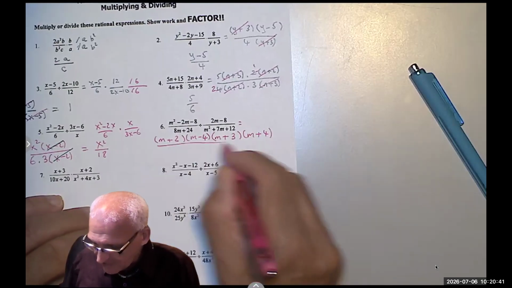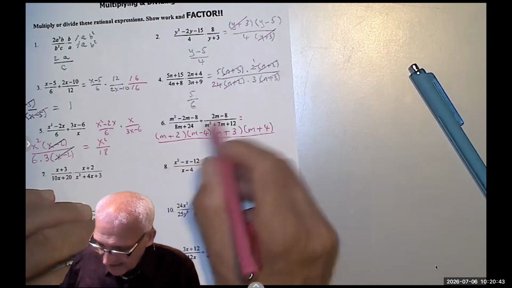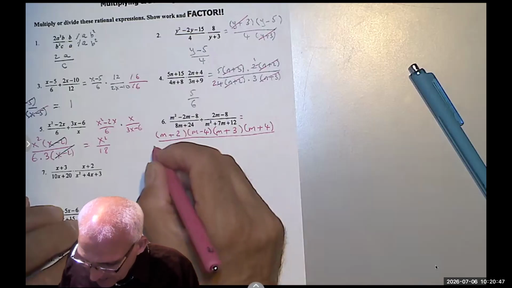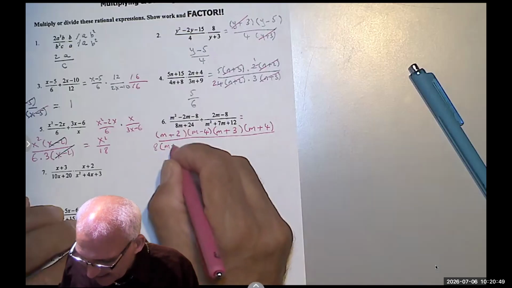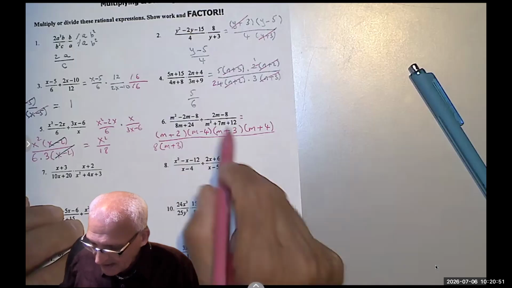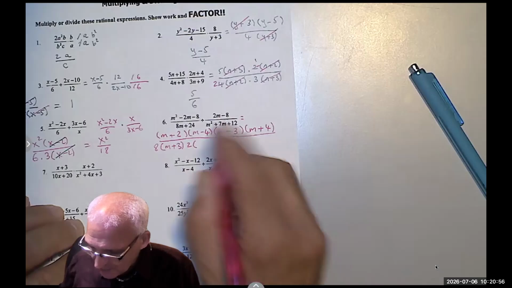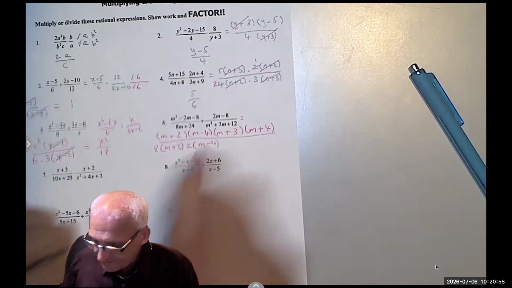Then I'm going to divide. Notice that in the denominator, I have these two guys. I can factor an 8 from this and that leaves me with 8 times m plus 3. And here I can factor another 2 that leaves me with m minus 4.